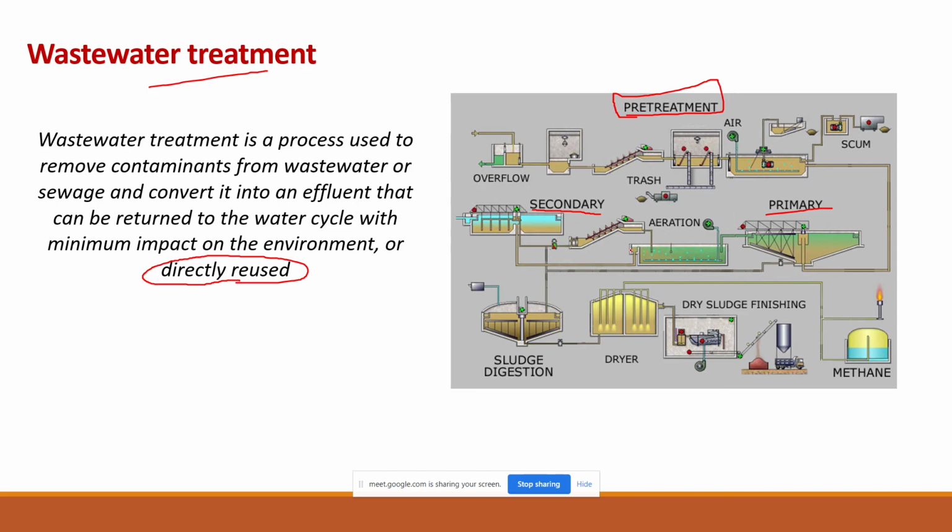Now, when we talk about the process type, pre-treatment is a stage, and for that particular stage you can adopt method A or method B. There are different methods which you can adopt, and these methods can be of different types. They can be biological, chemical, or physical. But the main stages are primary, secondary and tertiary. So we'll try to understand these stages and what actually happens during each treatment stage.